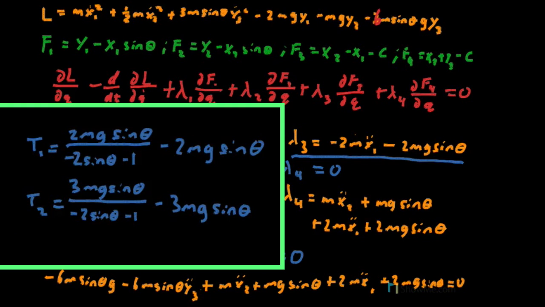If we're looking for the second tension force, we look at our fourth constraint function, which in a sense represents the second string, which connects object 2 with object 3. If we look at our value for lambda 4, we see that mx double dot combines with 2mx double dot to form 3mx double dot, and mg sine theta combines with 2mg sine theta to form 3mg sine theta.